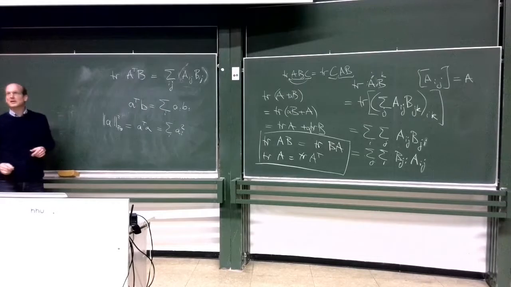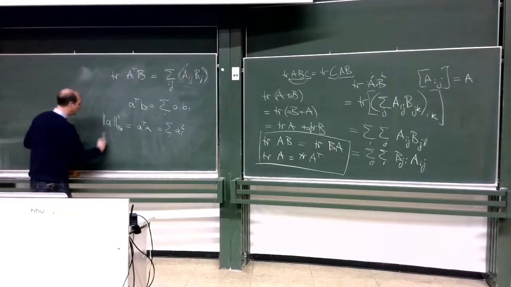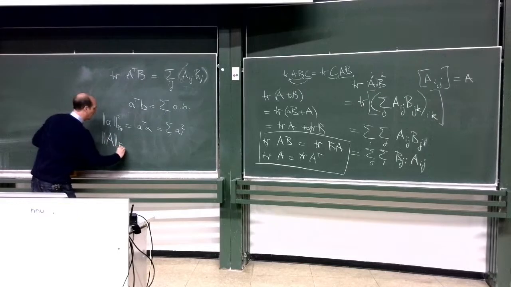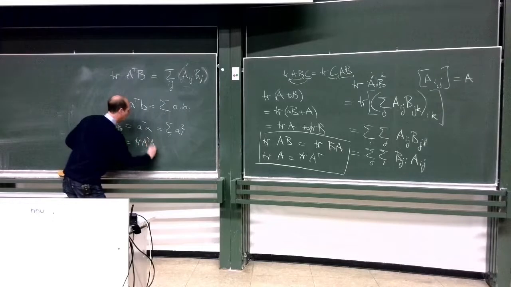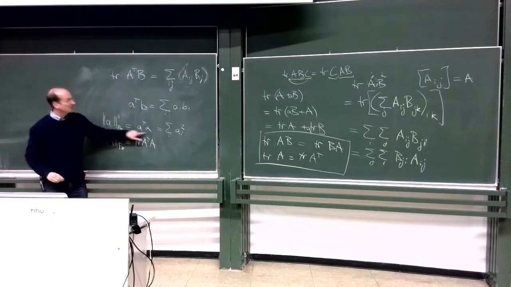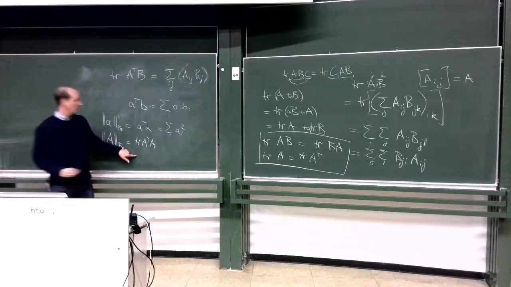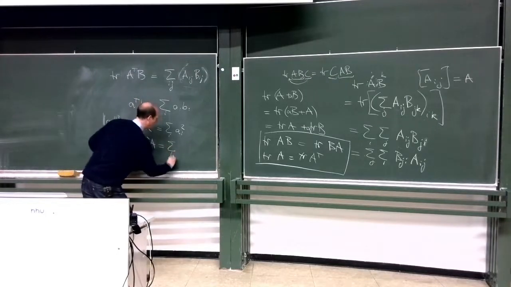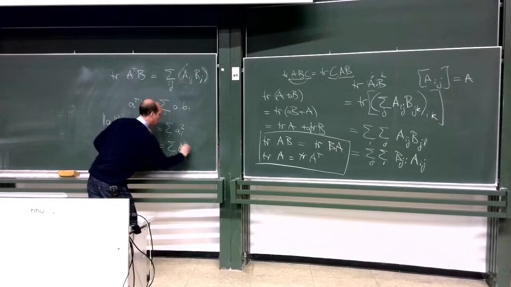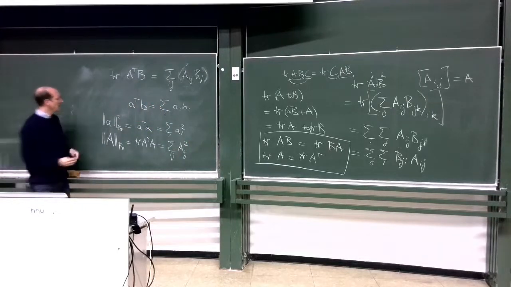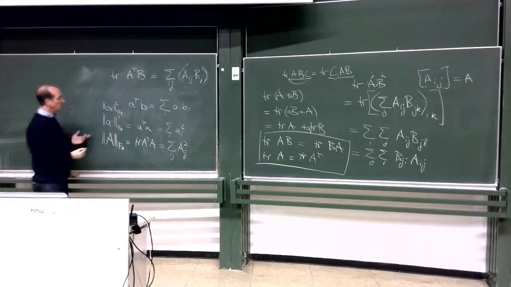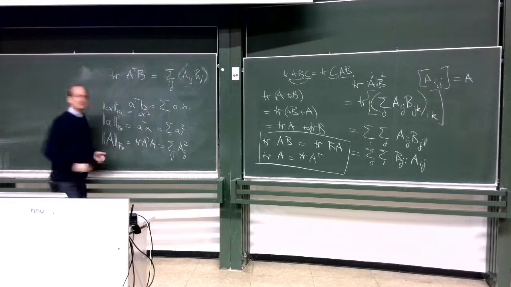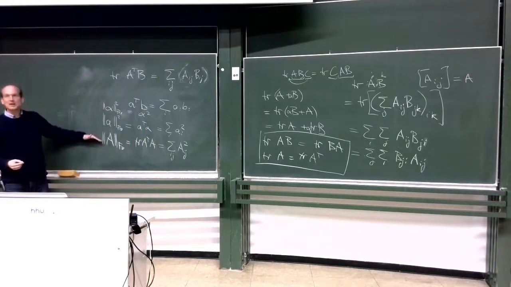Now, using this trick, we can also write down the Frobenius norm for a matrix, which is just the trace of A transpose A. This is the generalization of the inner product for matrices. And that is the summation over ij of all entries squared. And for completeness, the Frobenius norm of a scalar alpha squared is just alpha squared. So this is generalizing the same idea from scalars to vectors to matrices.